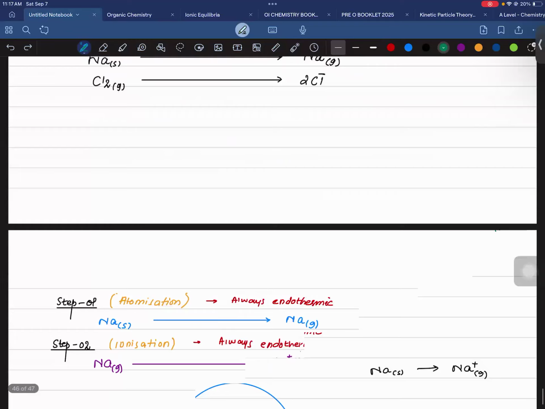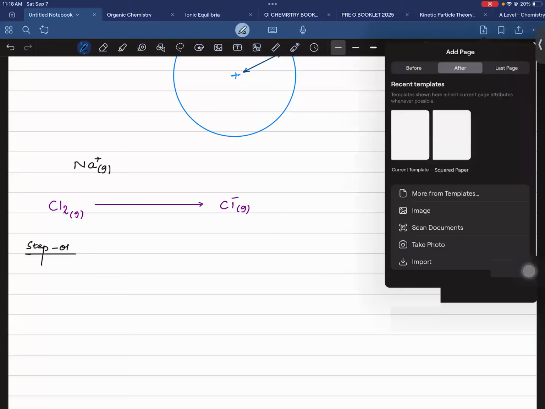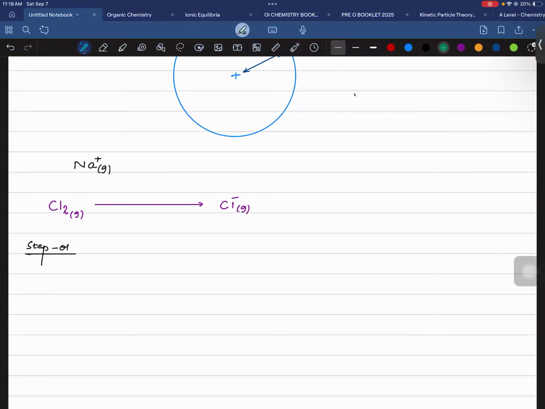So how can I convert this chlorine into Cl minus gas? Again, step number one: you have to convert this Cl2 gas into Cl atoms.